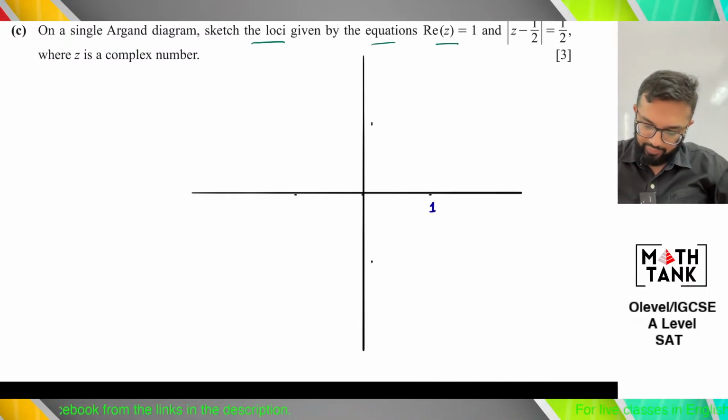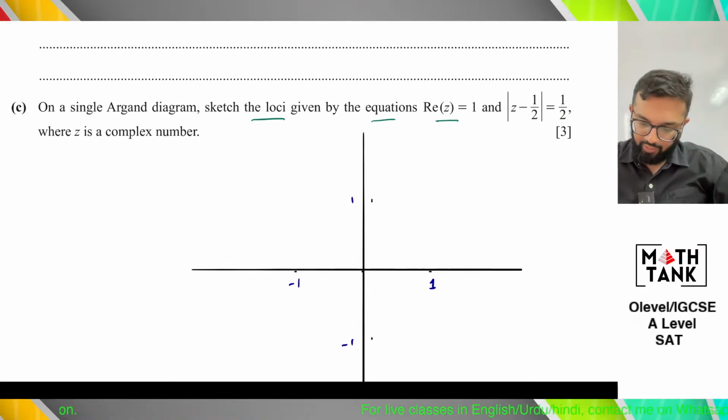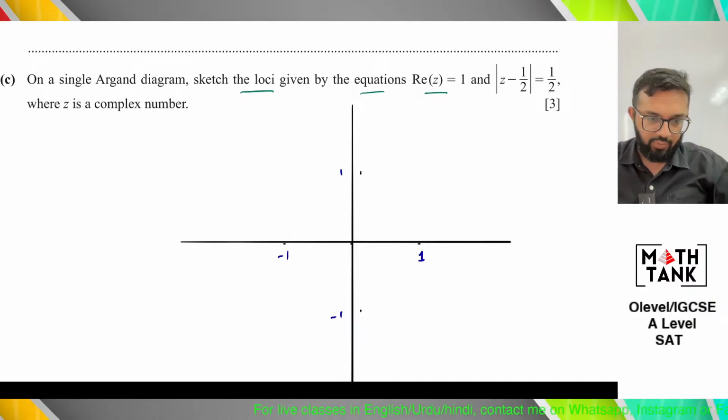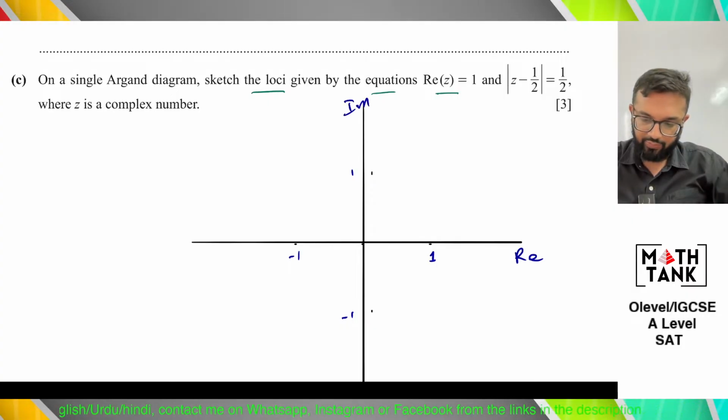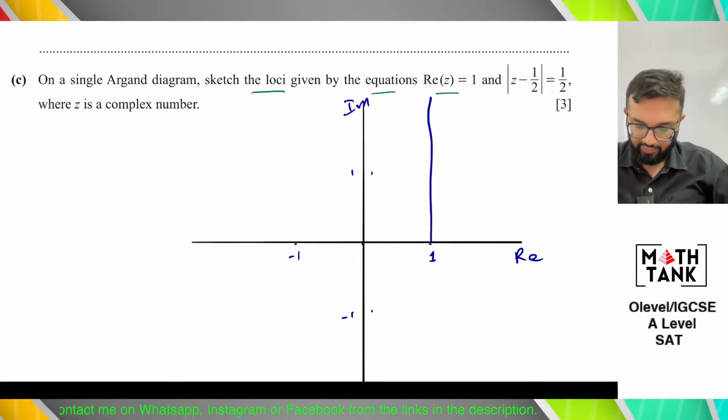So that's 1 on all sides, 1, minus 1, minus 1 and 1. Okay. And real value z equals 1. So this is the real axis, this is the imaginary axis. So real value z equals 1 is basically a straight line at 1.